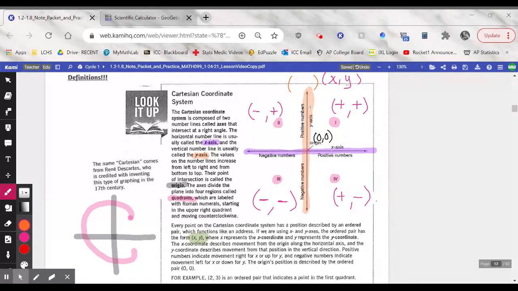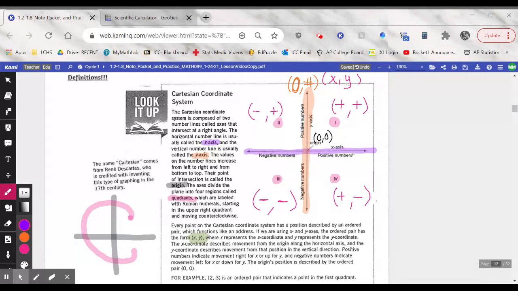It only moved up or down. So the x value didn't change. So if you have a point on the y-axis, your x value will always be 0. You can have the y value be any number, but your x value will always be 0.